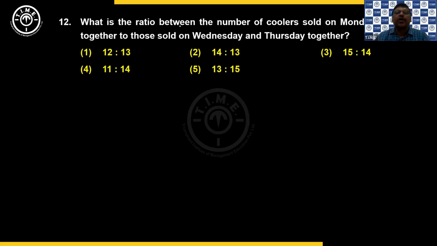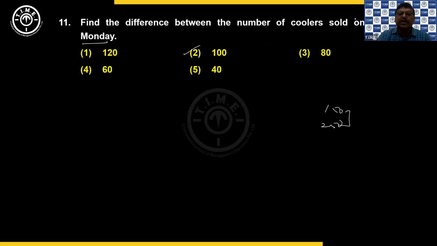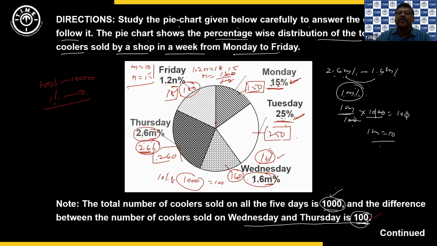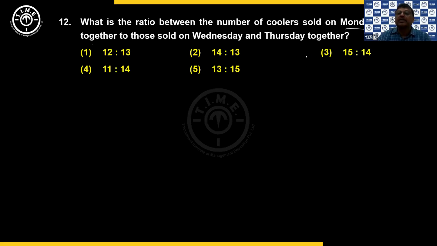See here. What is the ratio between the number of coolers sold on Monday and Friday together, and Wednesday and Thursday together? Monday and Friday together: Monday is 150, Friday is 180, so 330. And Wednesday and Thursday is how much?